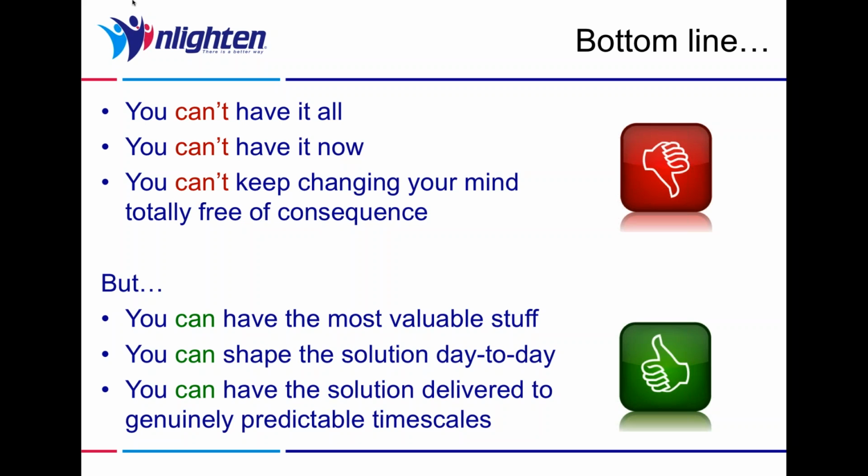What Agile is about, and therefore what you can have, is the most valuable stuff in the time we have available. You can shape the solution on a day-to-day basis, and you can have the solution delivered to genuinely predictable timescales. So let's have a look at how MoSCoW helps us to do that.